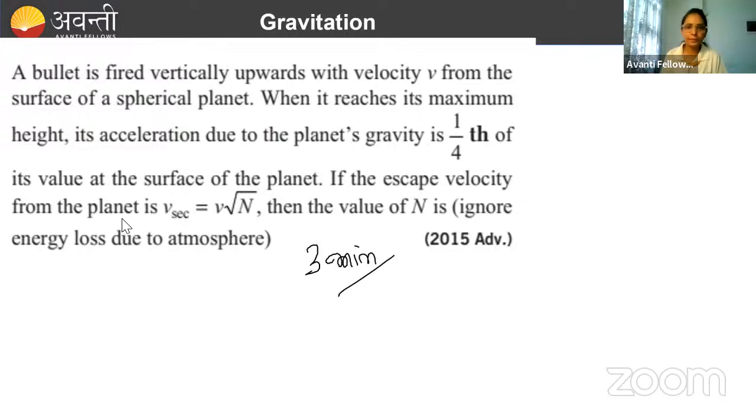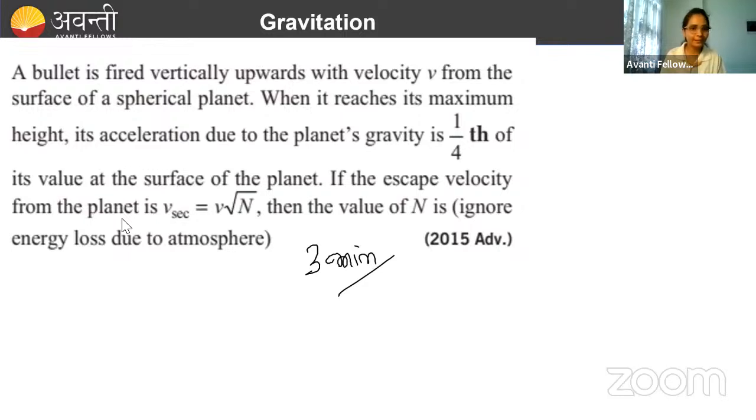Are you people getting it? What is the question? The question is given that there is a bullet and that is shot vertically upward with velocity v. From where? From the surface of a spherical planet, just like Earth.